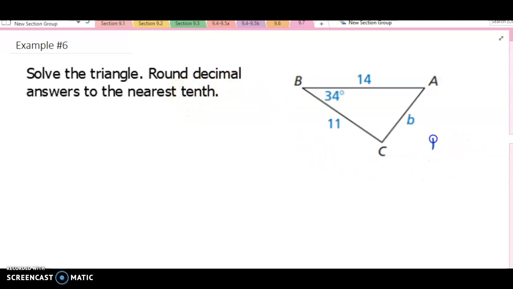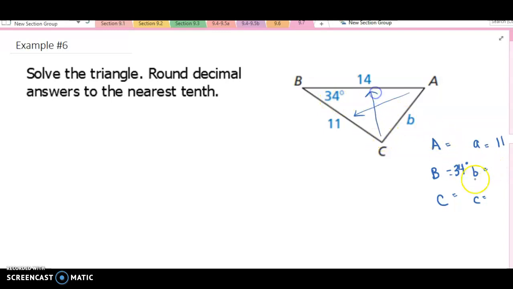So I'm going to find angle A, angle B, angle C, side a, side b, side c. I know angle B is 34 degrees. I know side a is 11, and side b, I don't know.